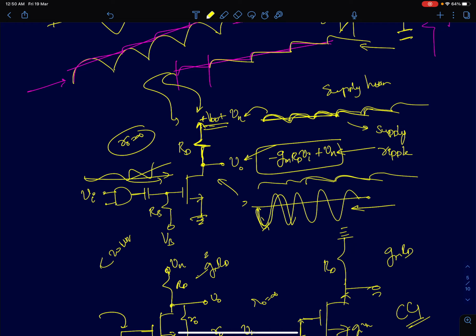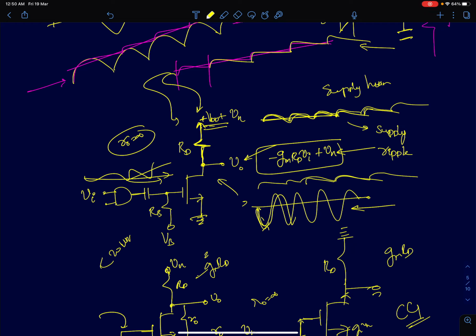Now this is something that's unwanted. And in fact, the earlier circuits also used to have some kind of feedback mechanism, especially RF circuits and radio frequency circuits. Because of which sometimes the supply signal used to get amplified by a much larger factor, and that resulted in a larger humming noise coming from the supply.